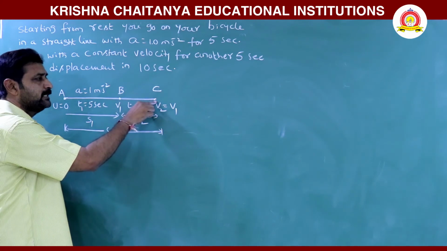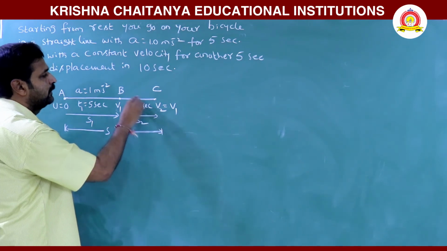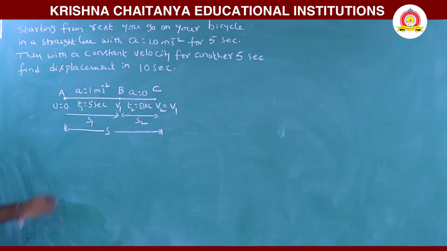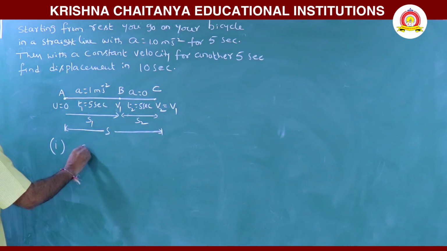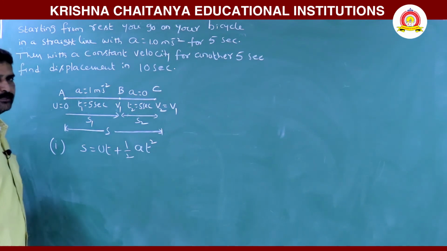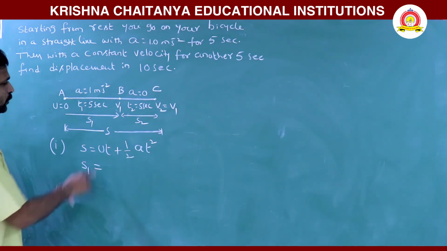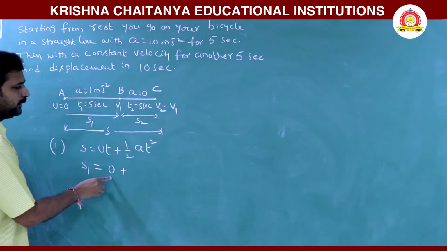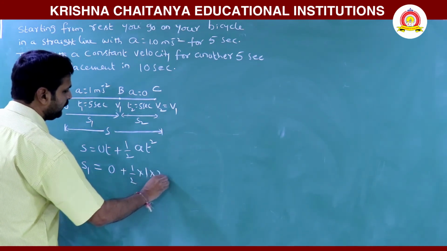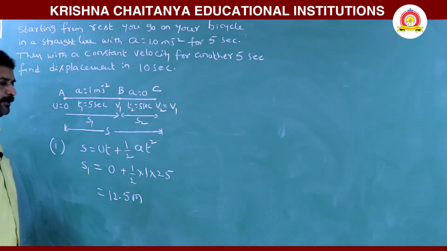Because for that 5 seconds it moves with constant velocity, so the velocity is the same, but acceleration becomes 0. Then for the first one, from S is equal to ut plus half at squared, where S we write as S1, u is 0 into t, 0, plus half a1 t squared, 5 squared is 25. So it is 12.5 meters.